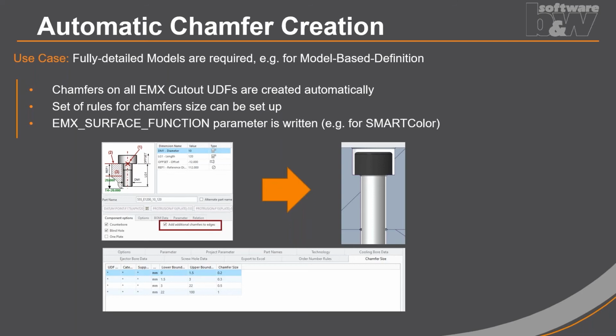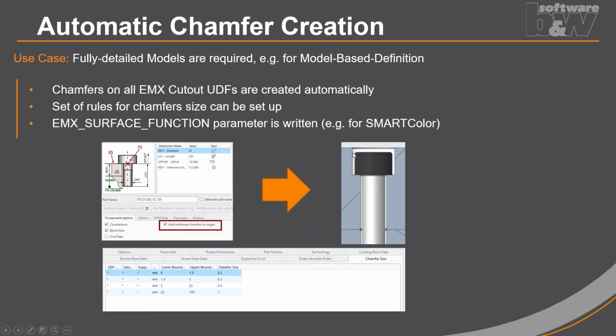So for example, if you use Smart Color to colorize all of your models, you will need a surface function parameter which tells Smart Color what kind of surface this is, and we also write this parameter based on the cylindrical surface where the chamfer is attached to.